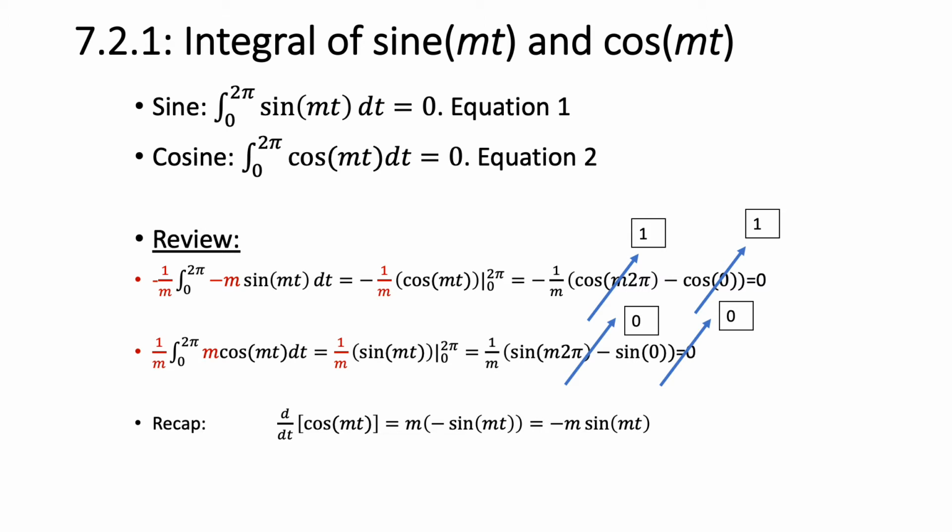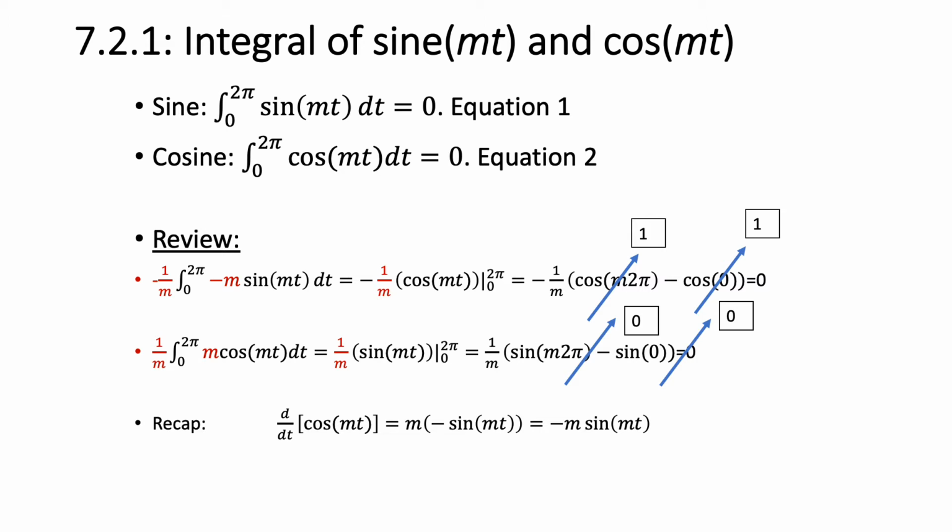Based on equation 1 for integral of sine, we have the integral of sin mt dt from 0 to 2 pi equal to 0. In order to understand that, we add 1 over m before the integral and minus m after the integral.